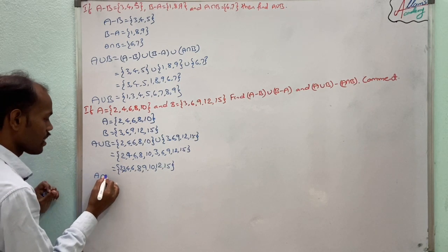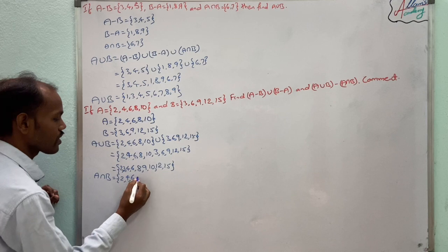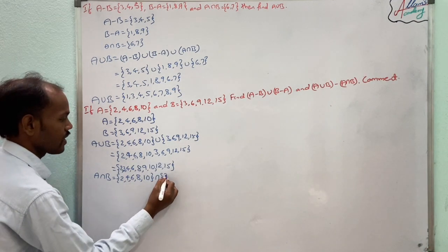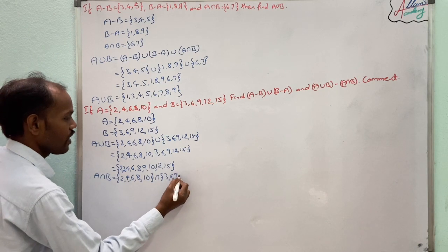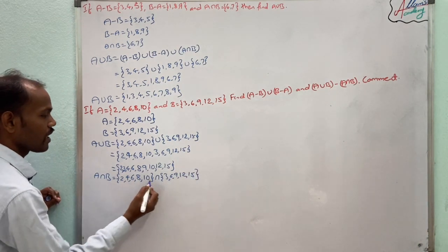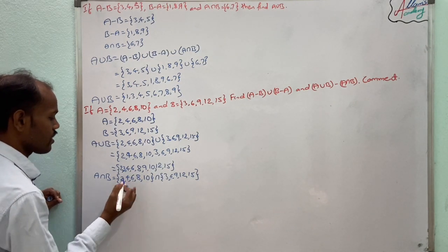And A intersection B is 2, 4, 6, 8, 10 intersection 3, 6, 9, 12, 15, and here the only common element is 6, so that is 6.